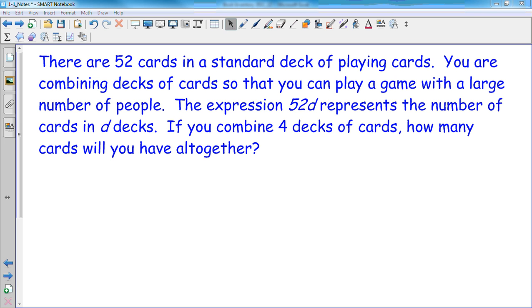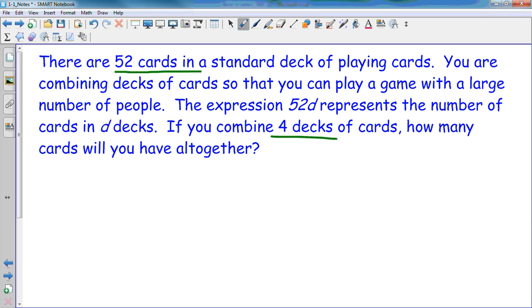Well, what information in the word problem can I use? You can use 52. 52 cards in a deck? Is that what you're talking about? Yeah. Okay. What else can I use? 4 decks. Yeah, I need 4 decks. What else can I use?